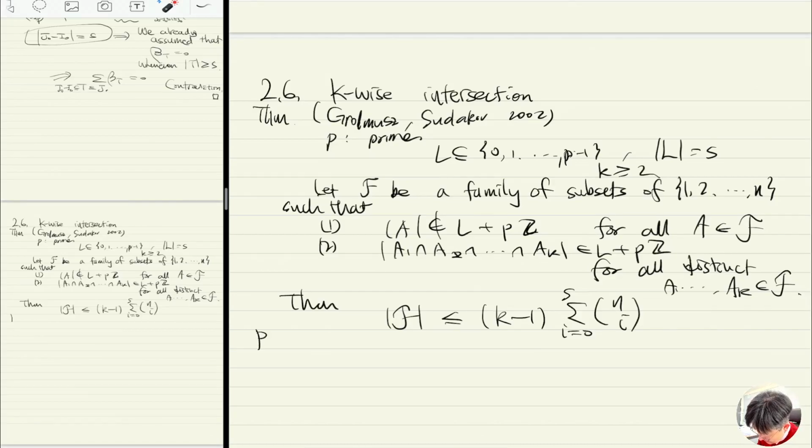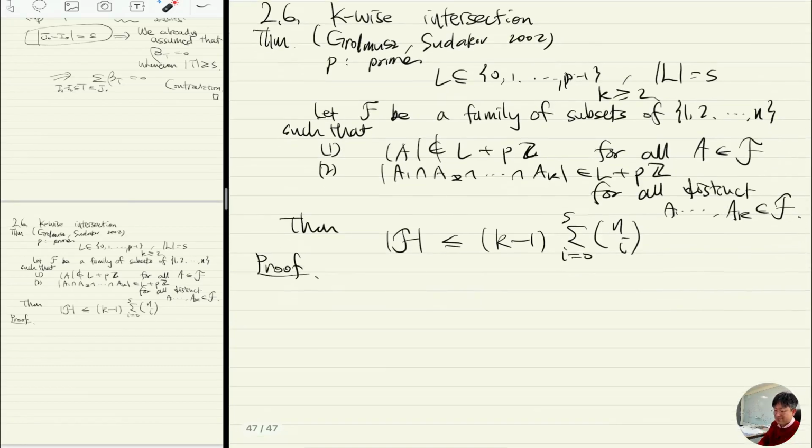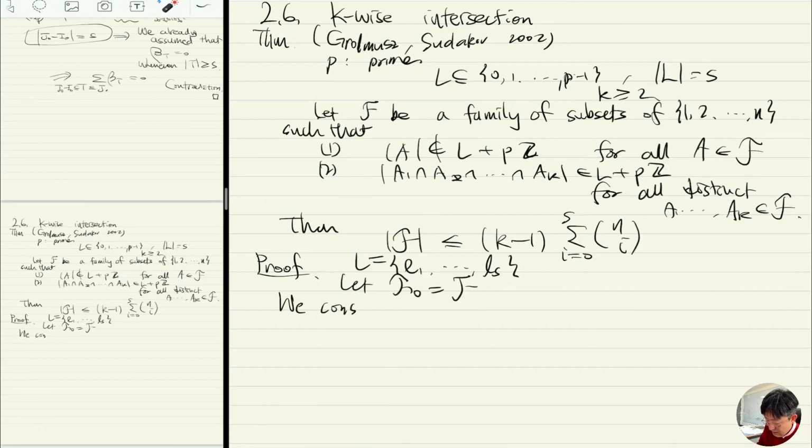All right, so here's the proof. Again, let L be L1 up to Ls, and let F0 be F. We're going to inductively construct families F1 and so on.